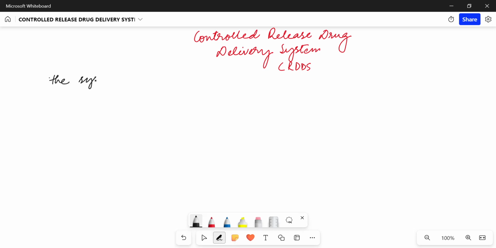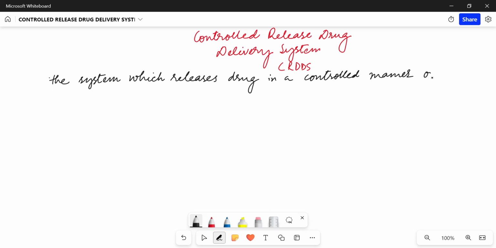Or the system which releases drug in a controlled manner over time, or for a longer period of time.